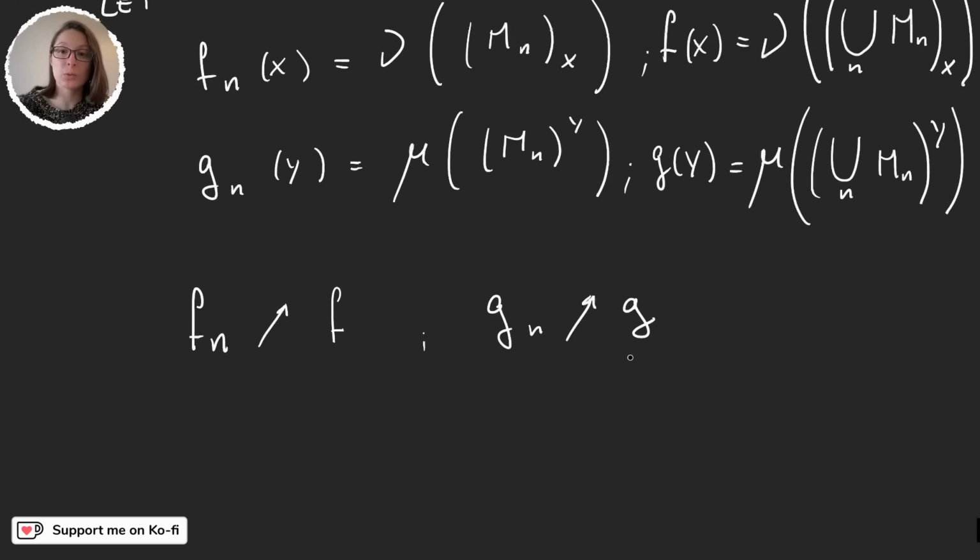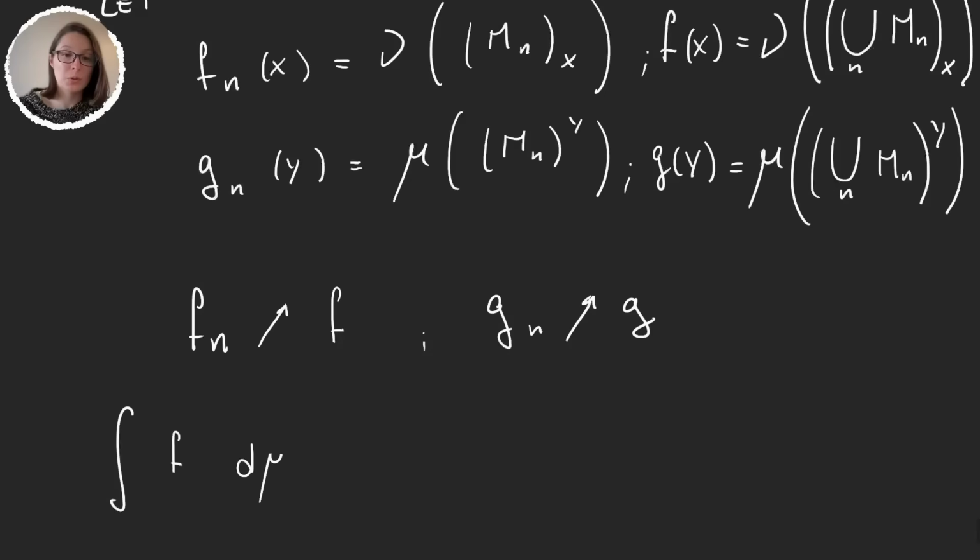Well, I want to see what happens when I integrate the function f, so the function of the union, with respect to mu. Well, but I know that I have this sequence that is increasing to f, so I can use the monotone convergence theorem and say that this will be the limit when n goes to infinity of the integrals of each of the f sub n's.